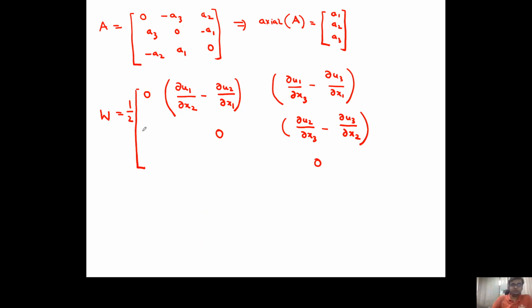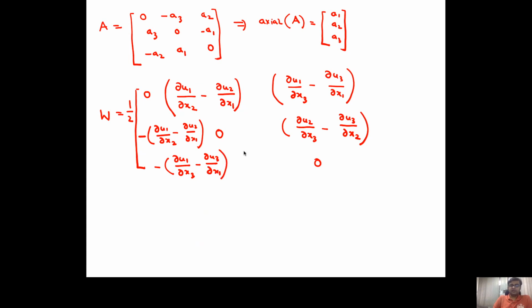opposite in sign. So this will become minus, del U1 by del X2 minus del U2 by del X1. So one minus sign is coming, and that is the only change from the definition of skew symmetry. Del U1 by del X3 minus del U3 by del X1.